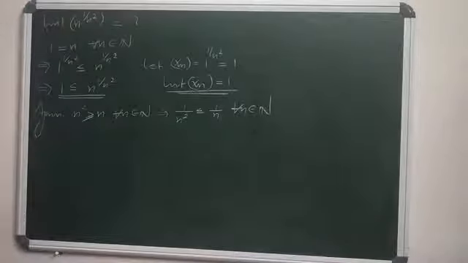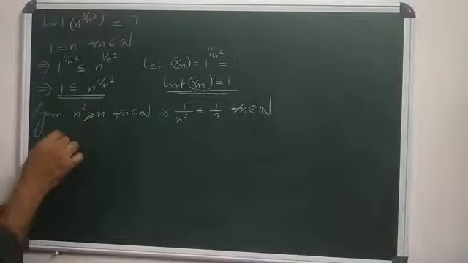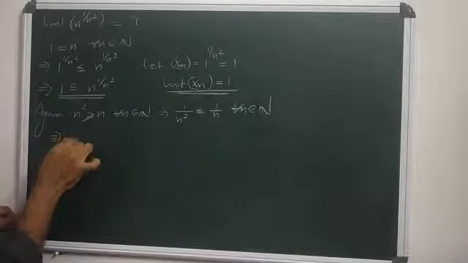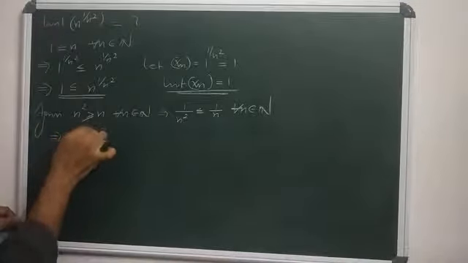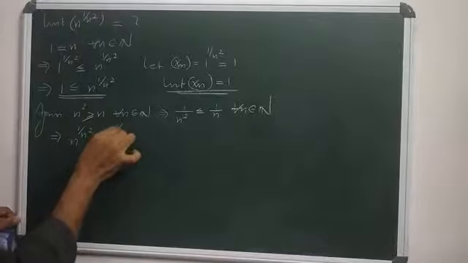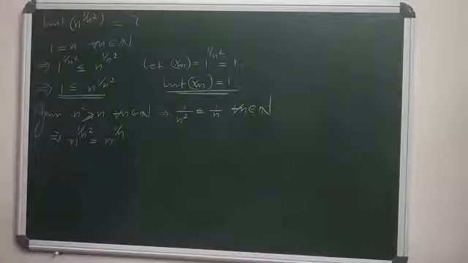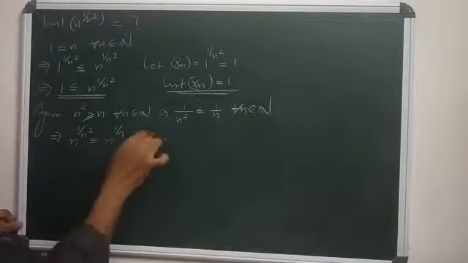Therefore n to the power 1 by n square is less than or equals n to the power 1 by n for all n.